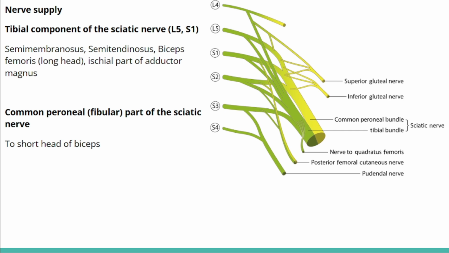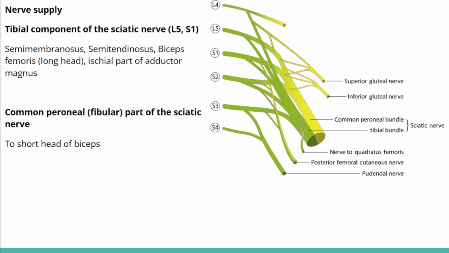All the muscles except the short head of biceps femoris span the hip joint and the knee joint. All three muscles extend the hip joint and flex the knee joint except the short head of biceps. Semitendinosus and semimembranosus medially rotate the flexed leg, and the biceps femoris laterally rotates the flexed leg.